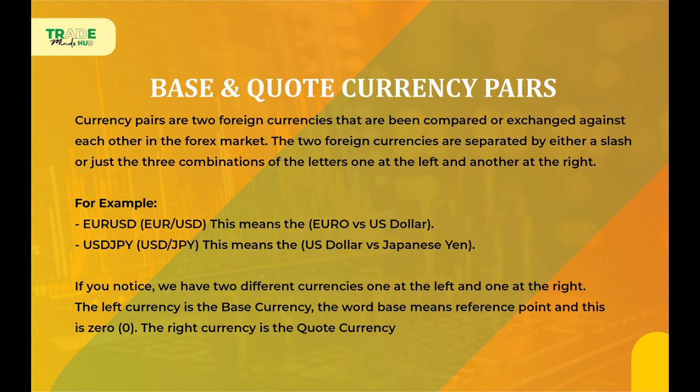So Australia can be exporting gold or oil to the United States. That is foreign exchange because it's going from one foreign country to another. So in the forex market, the word forex means foreign exchange.